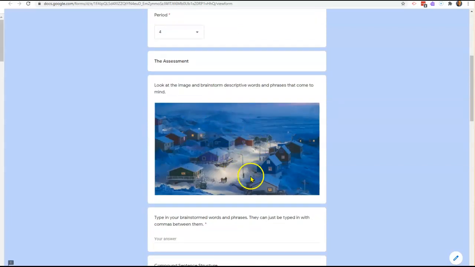I have my image here, and here I'm going to type in random words that come to mind. I might, and you can come up with as many as you want. I'd come up Arctic.